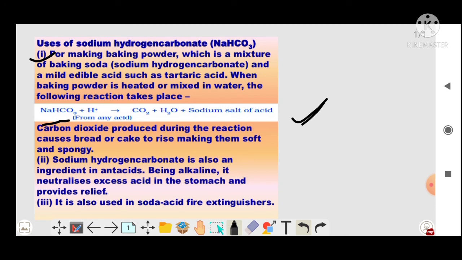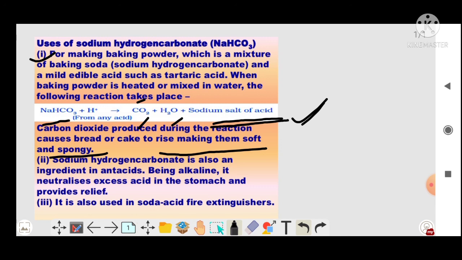When heated, carbon dioxide is produced along with water and the sodium salt of the acid. Carbon dioxide is produced here, and the carbon dioxide produced during the reaction causes bread or cake to rise, making them soft and spongy. So when we heat baking powder, this reaction happens, and the carbon dioxide makes the cake and bread soft and spongy.